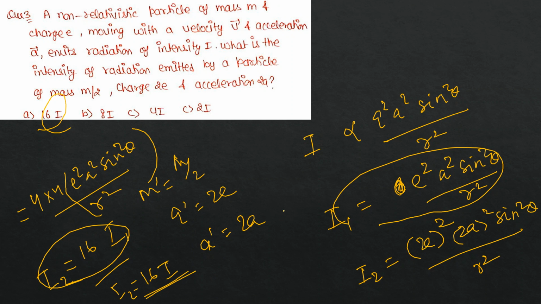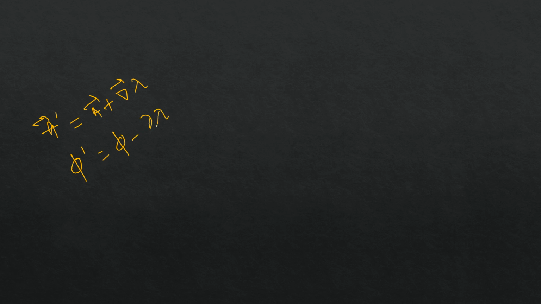If I just revise a bit what I did in the previous class, we did gauge transformation and all. That is also very important. In gauge transformation, the vector potential will be converted like this, and the scalar potential will be converted into phi minus del lambda by del t.